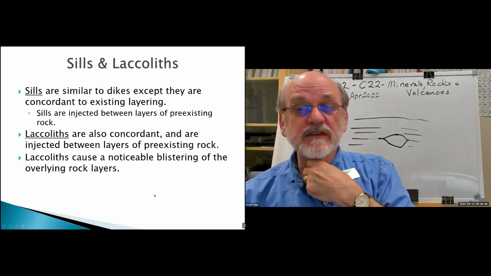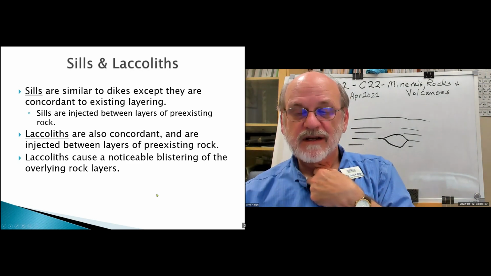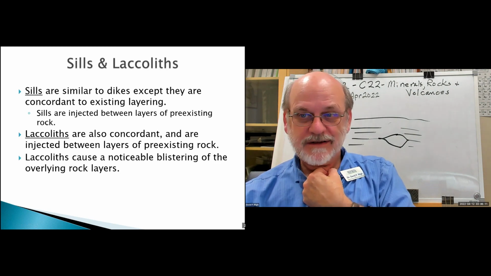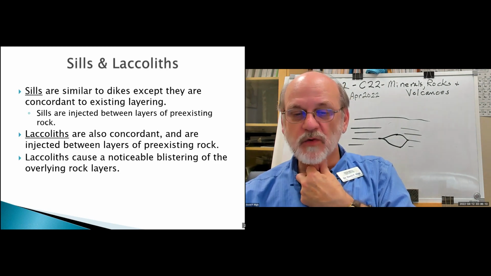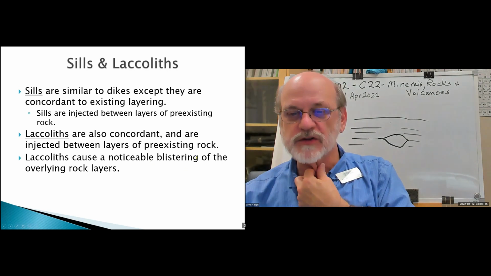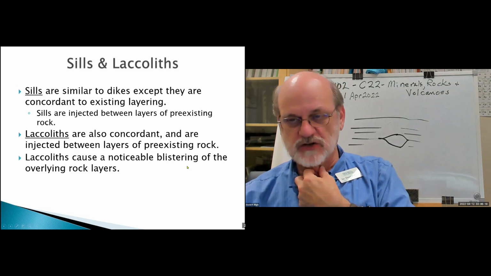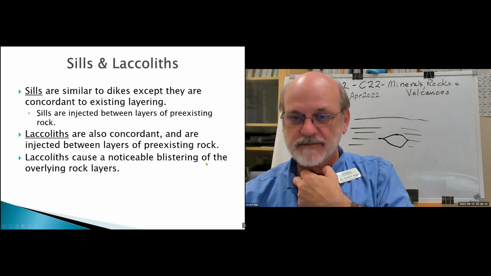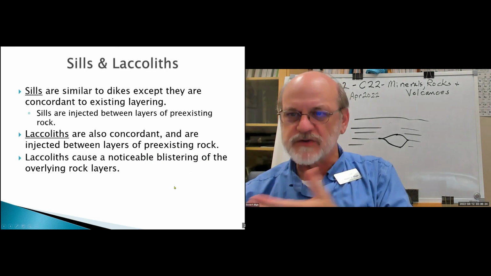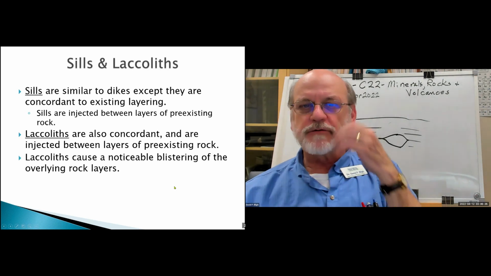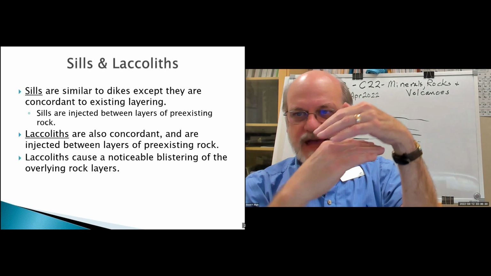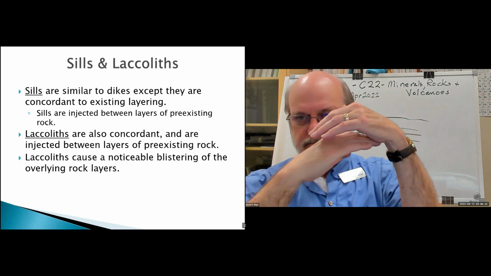And sometimes this very hot, pressurized molten rock, magma, will cause a noticeable surface change to the overlying rock layers, a blistering, so to speak. Blistering referring to bulging up. So it may be higher on the top than it is on the bottom.